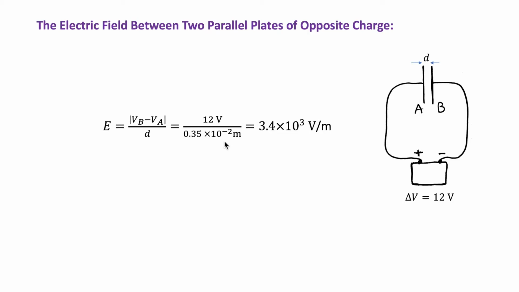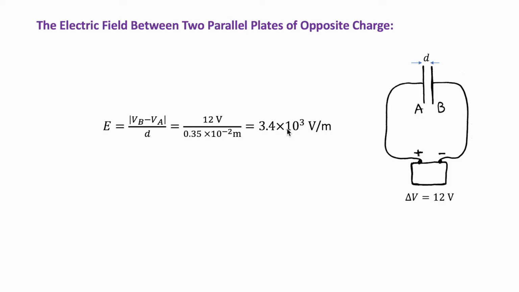And if we assume the electric field between the plates to be uniform in both magnitude and direction, which we can assume if the separation between the plates is small compared to the plates' dimensions, then we can use the concept of electric potential to find the electric field. So the electric field is equal to VB minus VA over d, which is equal to 12 volts over d, and this gives an electric field of 3.4 times 10 to the 3 volts per meter.